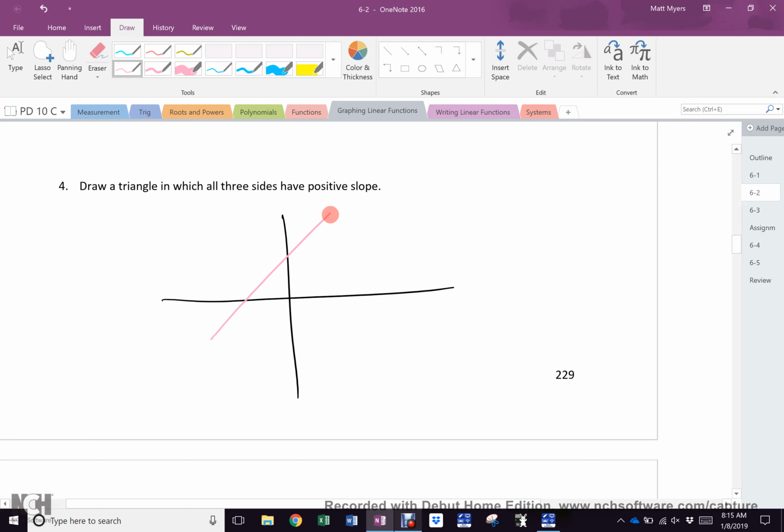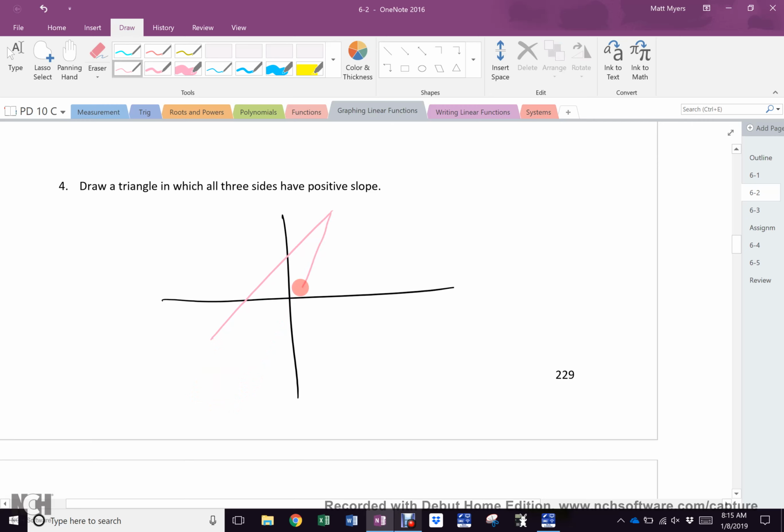So what are my options from here? Could I do this line? Why not? It's negative slope. Could I do this line? Okay. So I can go down there. That cool? But then I got to make a triangle. Is that okay? No, why not? Because this one's negative. Okay.